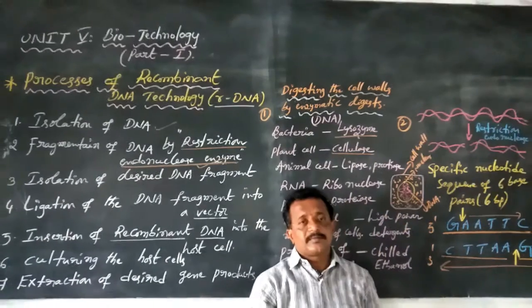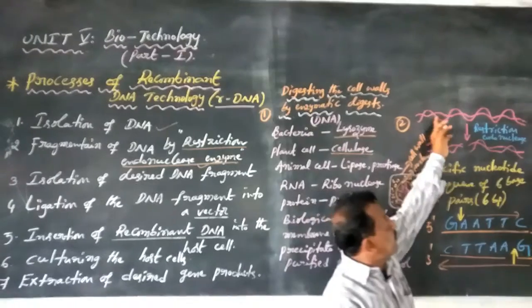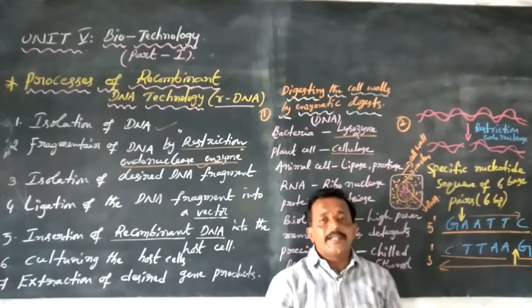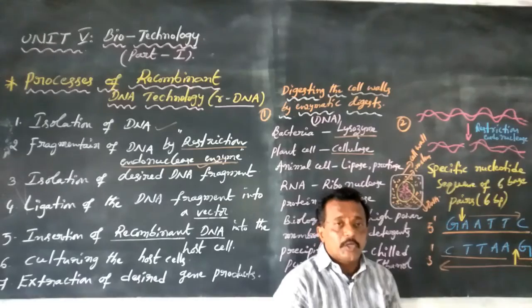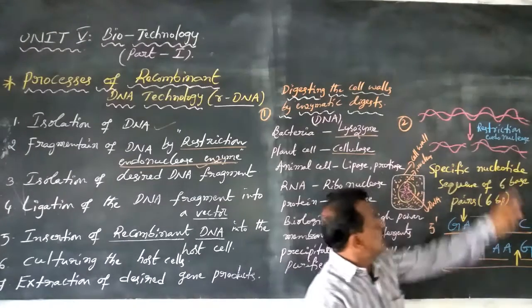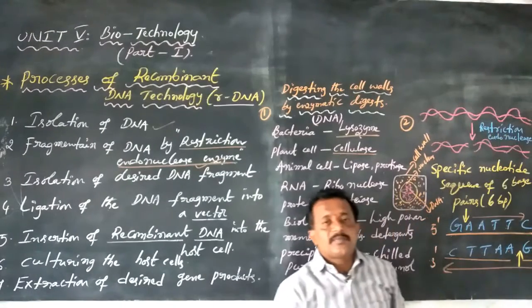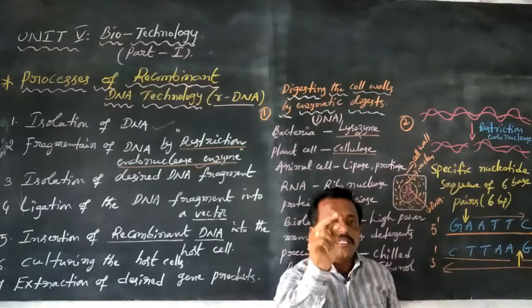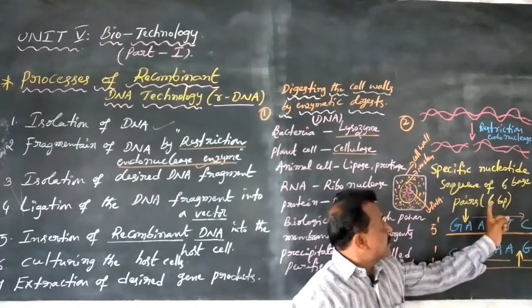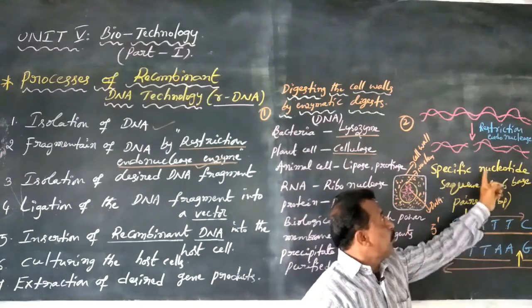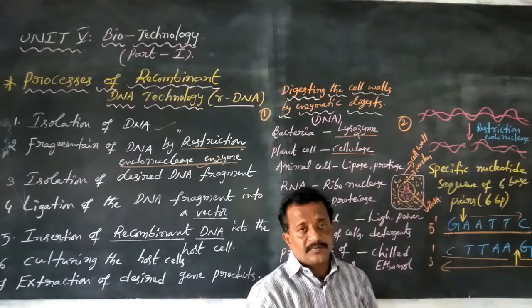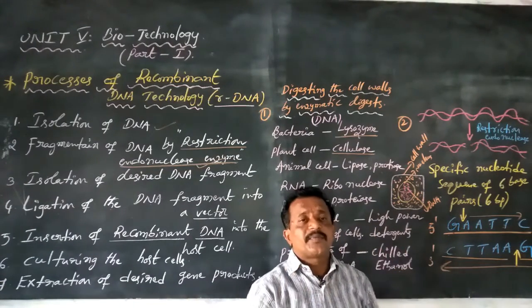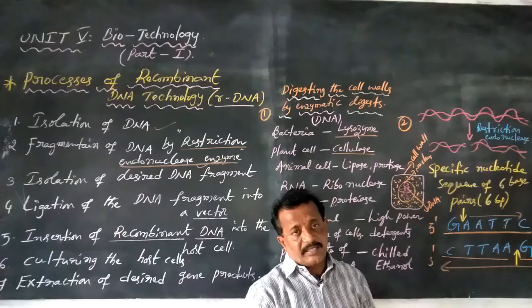Okay, now this is the isolated DNA molecule. This isolated DNA molecule is cut by the restriction endonuclease enzyme. This enzyme always cuts a 6 base pair nucleotide sequence, that is a palindromic recognition sequence.